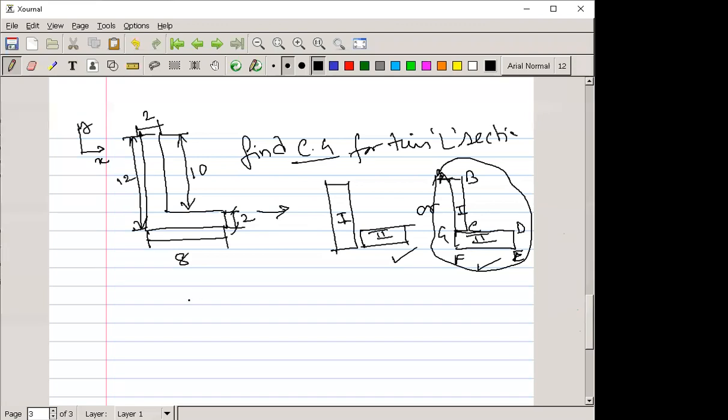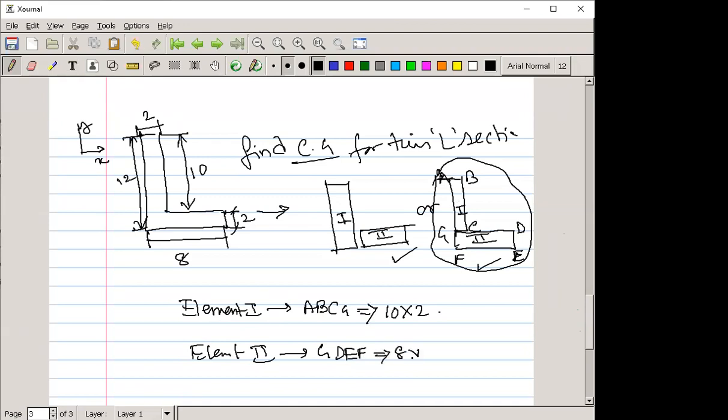So element 1 is A, B, C, G, of area 10 into 2. Another one is element 2, that is G, D, E, F. That is 8 into 2. Clear?